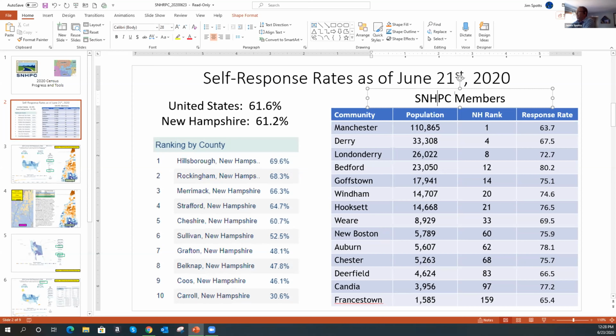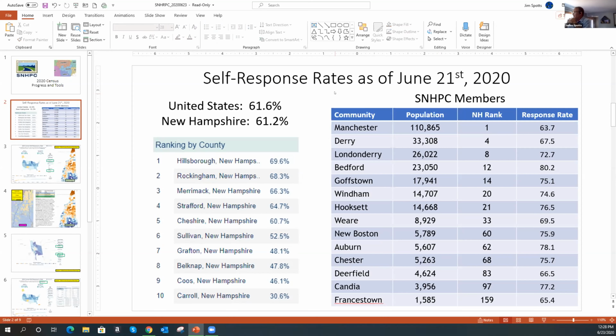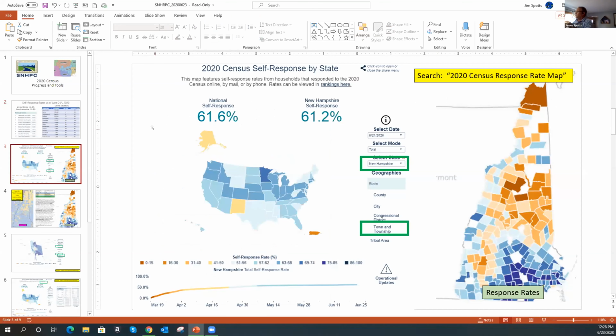For the members of this planning commission, every one of the municipalities is above the state average and well above the national average. There are some gaps and opportunities to fill them, and I'll get into that in a second.